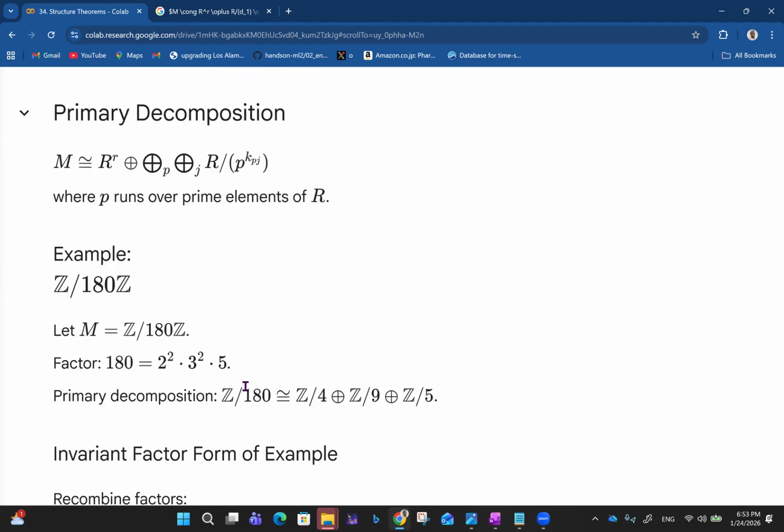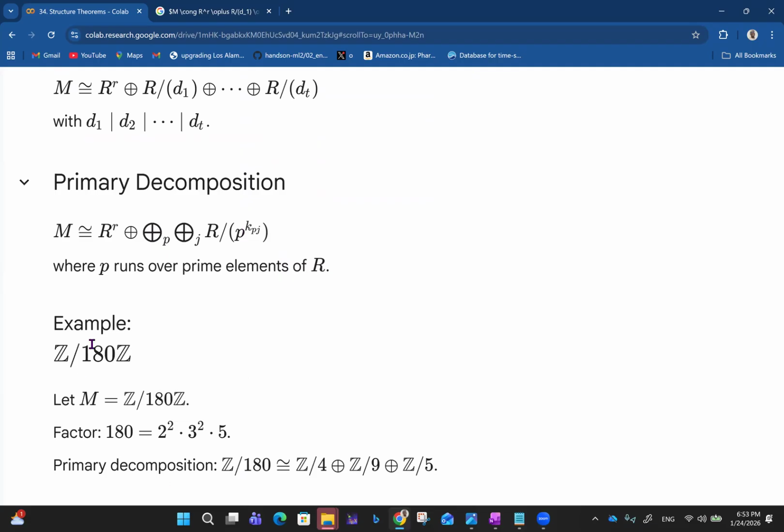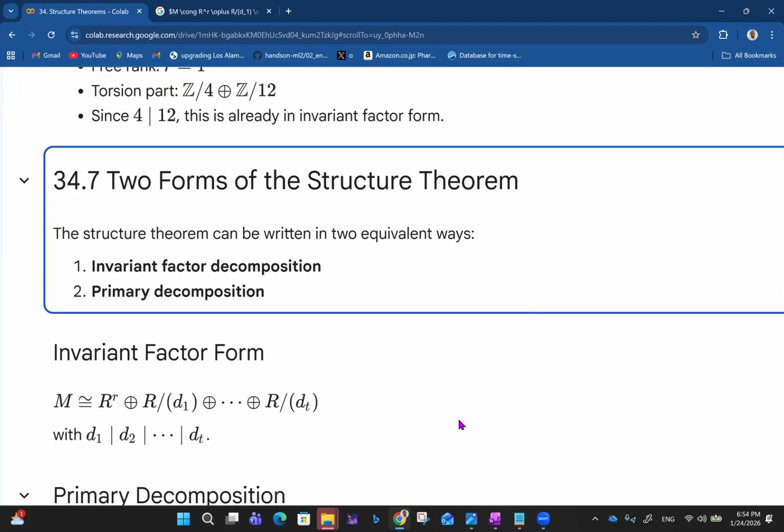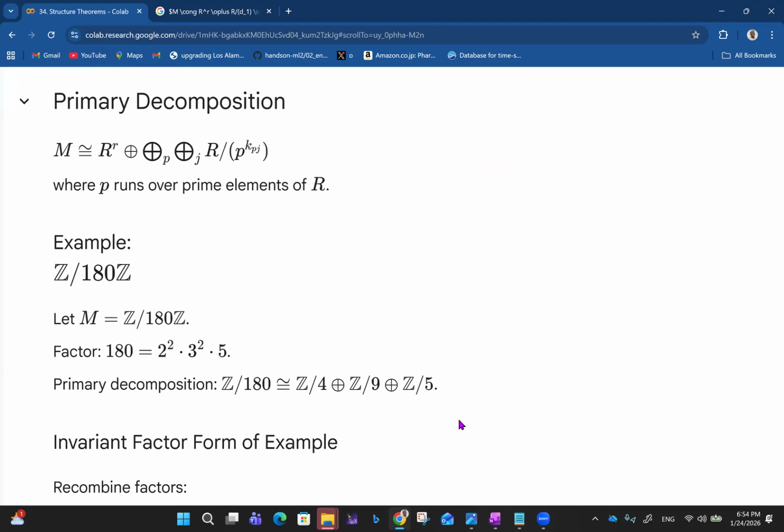Then we have an example. Let M be Z/180Z. If you factor 180, you have 2 squared, 3 squared, and 5. So the primary decomposition of Z/180Z will be isomorphic to Z/4 (that is, 2 squared) ⊕ Z/9 ⊕ Z/5. So this is the primary decomposition. For the invariant form, at the end of the day, you want to have something dividing the order.